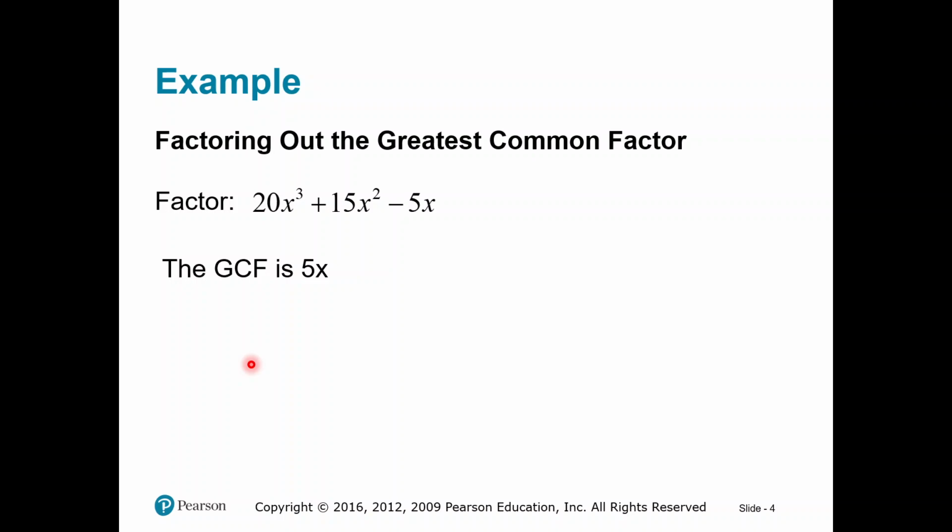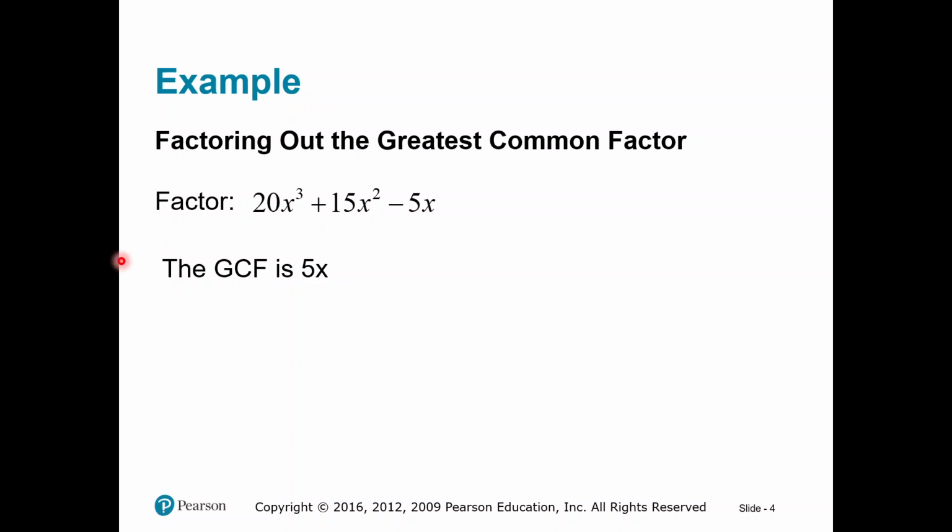Now the GCF is very important because it allows us to factor. So for example, factor 20x to the third plus 15x squared minus 5.